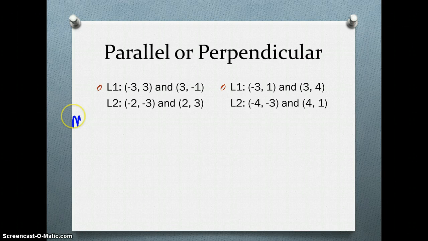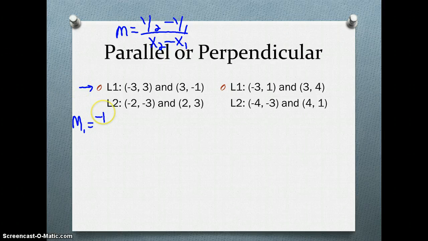So L1, okay, remember our slope formula is m is equal to y2 minus y1 all over x2 minus x1, just so we don't have to write that out each time down here. So line 1 right here, negative 1 minus 3 all over 3 minus negative 3.